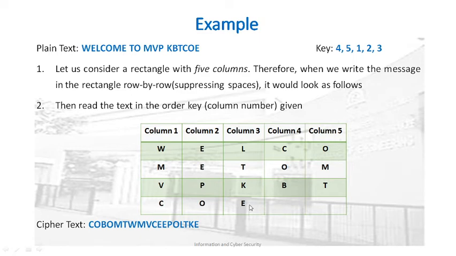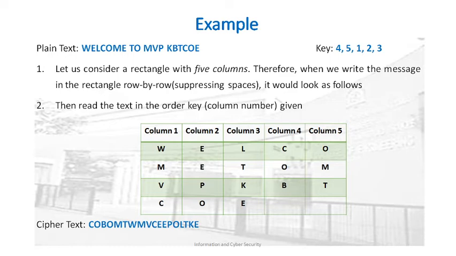Once the matrix is ready, we will read the text in the order of the key, that is the column numbers given in the problem statement. So the key given is 4, 5, 1, 2, 3. So we will read column number 4 first. Column number 4 becomes COB. Then column number 5, OMT.